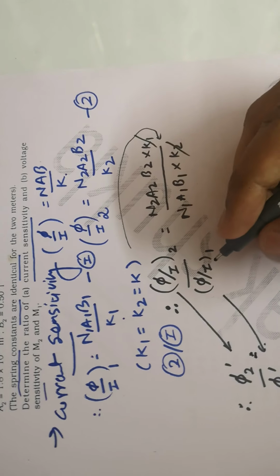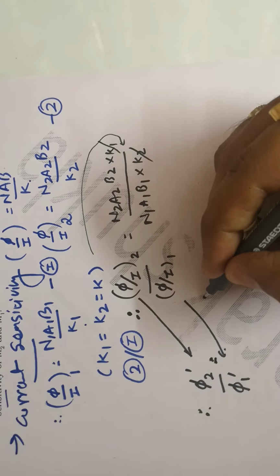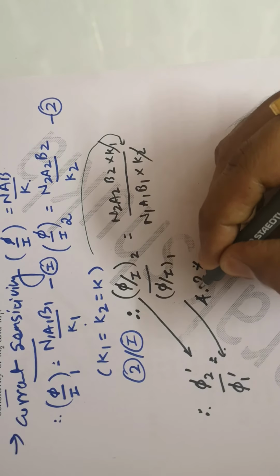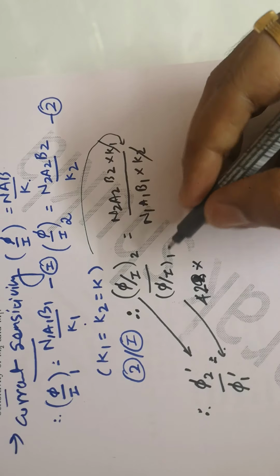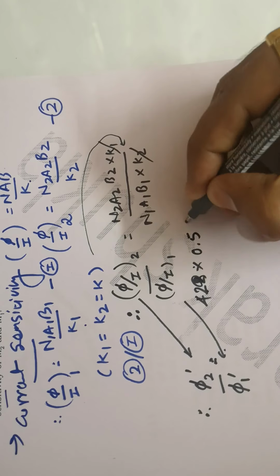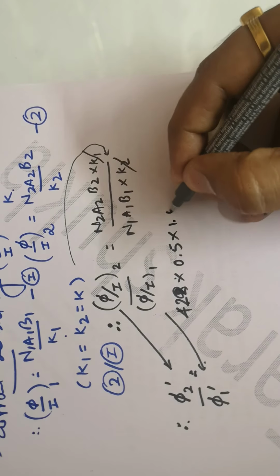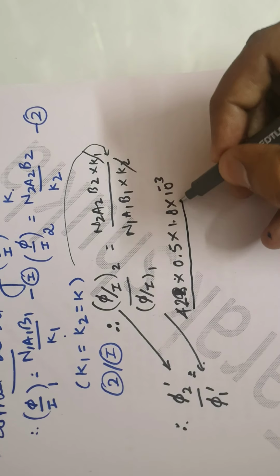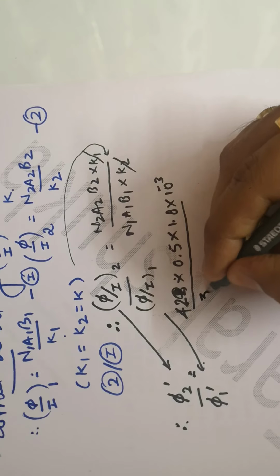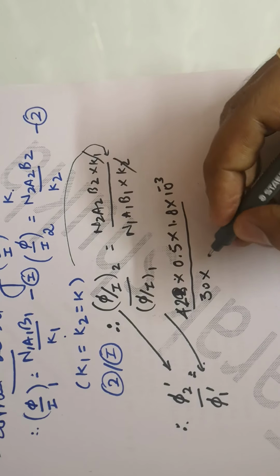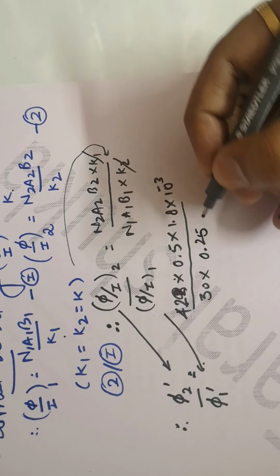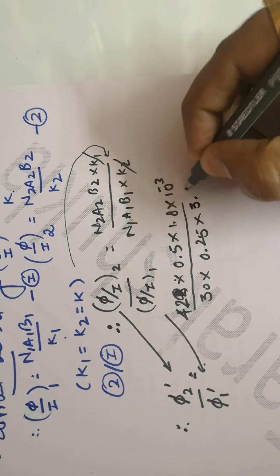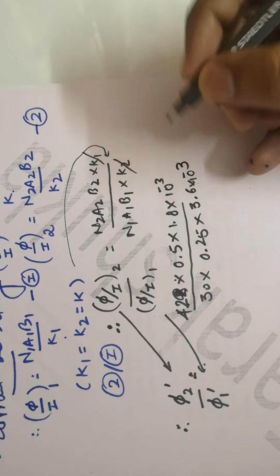Now I'm placing their values. It would be 42, then 0.5, then 1.8 into 10 to the power minus 3, divided by the number of turns for the first one, 30, the area 0.25, and the magnetic field for the first one, 3.6 into 10 to the power minus 3.